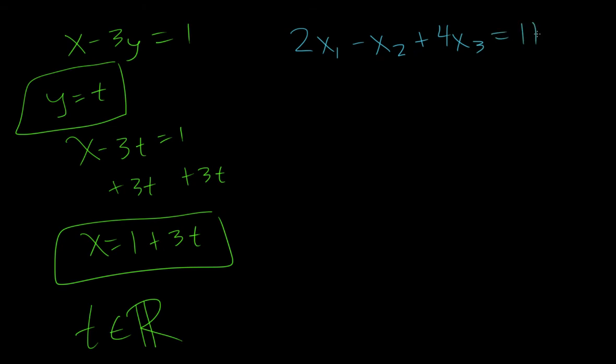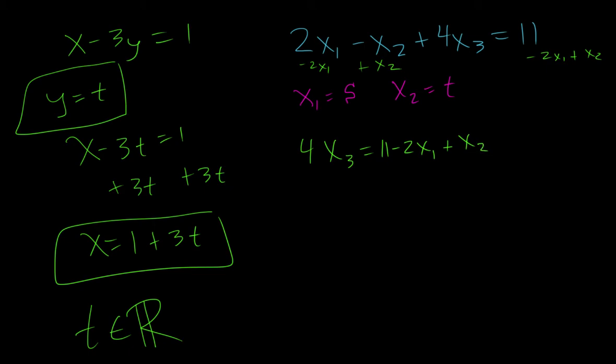Okay, this will be similar to the first one we did. So we're going to say x1 is equal to s, x2 is equal to t, and then for x3 we need to solve. So what we're going to do is subtract 2x1 and add x2, so we get 4x3 equals 11 minus 2x1 plus x2, then divide by 4.